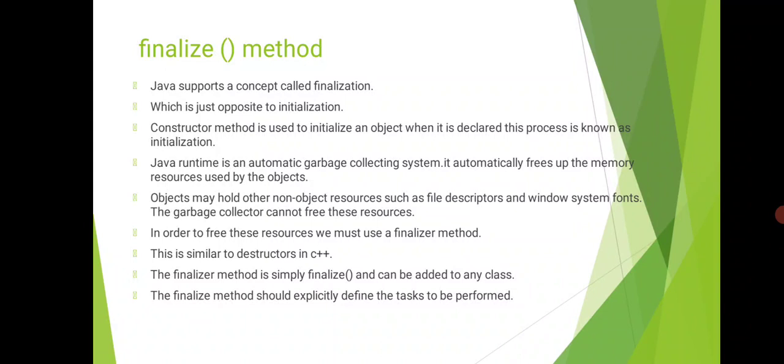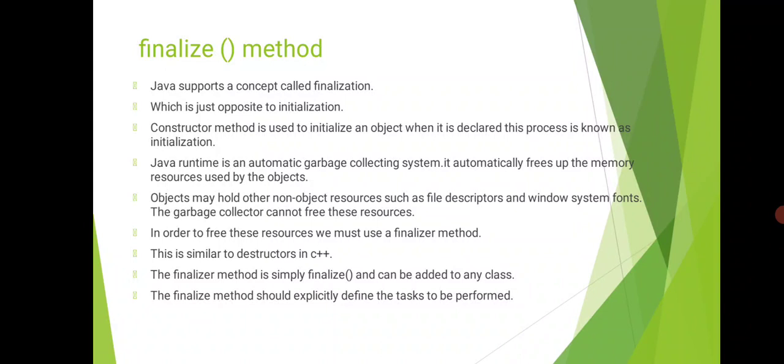We do not worry about destroying, because in Java there is a garbage collector heap, so it automatically frees the memory which is not in use. But some objects cannot be destroyed using the garbage collector heap, so they should be destroyed forcibly by using the finalizer method.